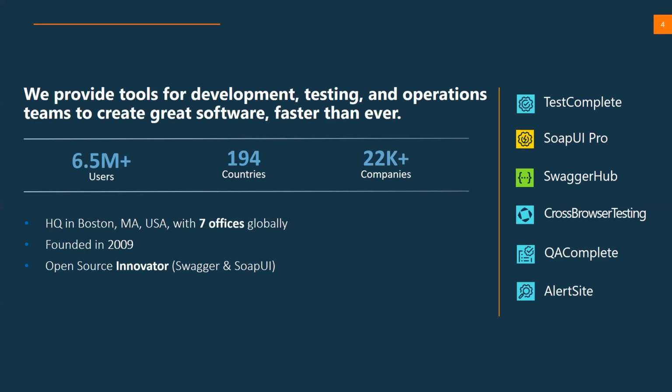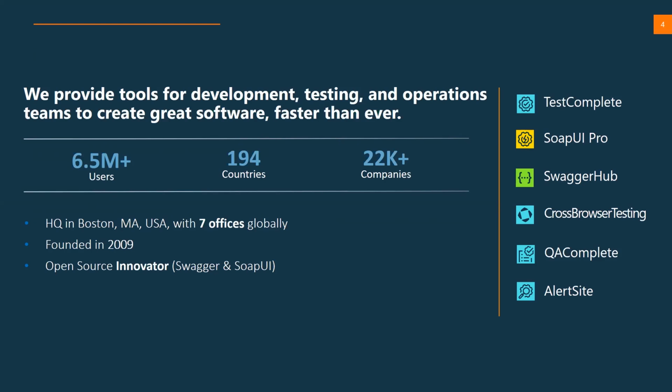We support these open source tools and projects, and then we have some professional versions of them as well: SwaggerHub, ReadyAPI or SoapUI Pro. We have this really nice relationship between fostering these open source groups, projects and communities, and then seeing that translate into some of these more professional or platform-based solutions.